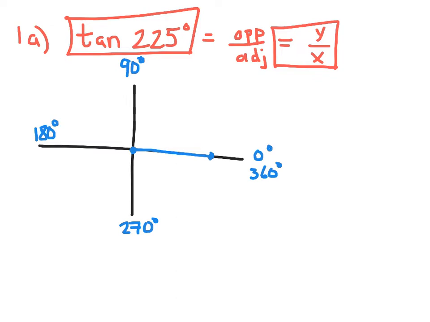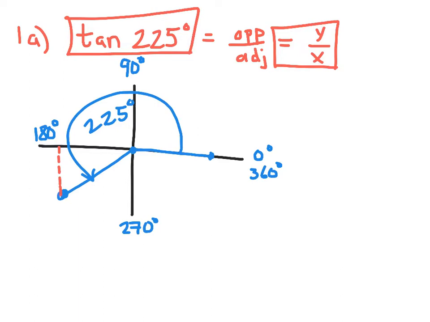So remember, 225 means that you end up in this quadrant here. From here all the way to here, that was 225 degrees. And again, if we draw a line going straight up to the x-axis where that forms 90 degrees, we know that this much is 180 up to this point.